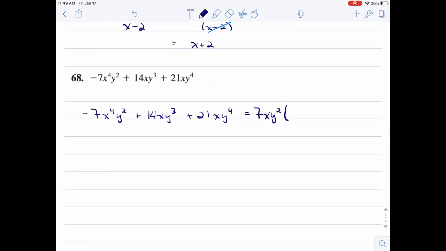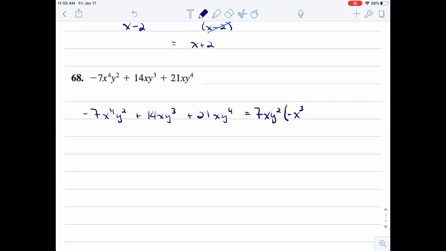And so here, I left the negative, so I want to put that inside my brackets. And I've got the 7. I've got one of these x's, so I need to keep x to the power of 3. But then I've got the y squared. And so I've got negative x to the power of 3. Now I go on to the next one. I've got 7 out of the 14, so then 7 times 2 makes 14.